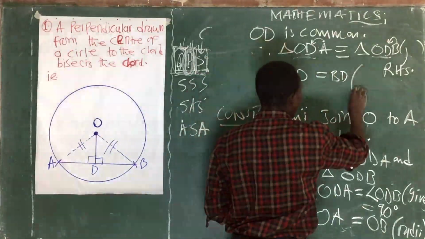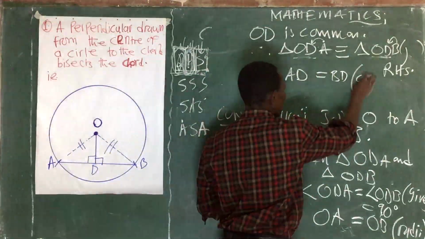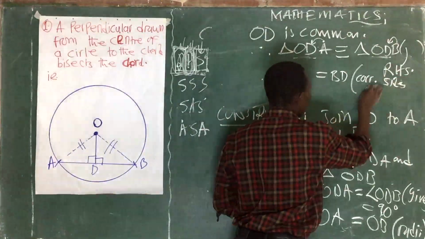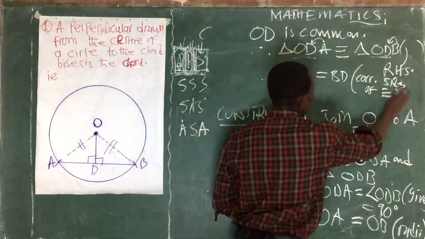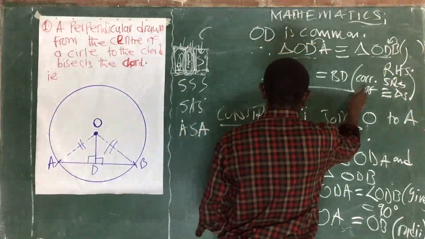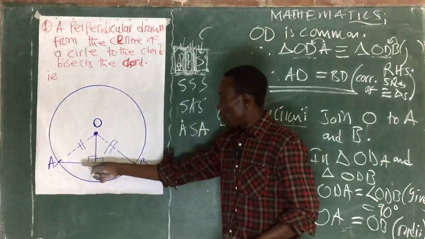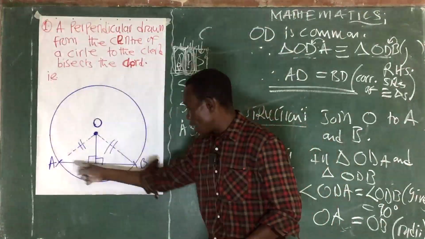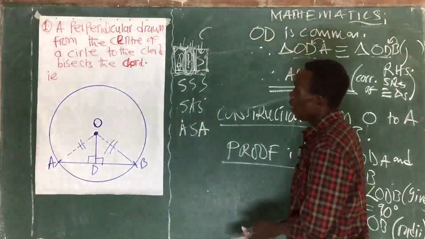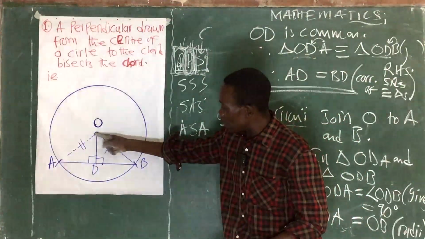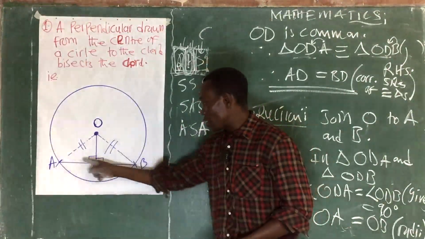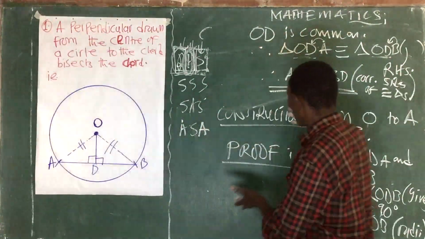Right. And then here you write a reason that say these are corresponding sides of congruent triangles. Just by that. So here it means we have really proved that this line bisects this one. It means this side here is really divided. Right. So we really have to take that, when we draw a perpendicular line from the center to the chord, this perpendicular line always bisects the chord. This is the way you can prove it out.